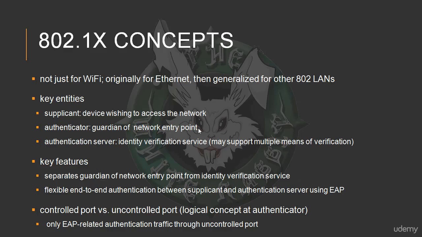But as we saw in earlier videos, this authentication part is a bit weak. If it's just based on having knowledge of a shared key, it's very weak. So there's much better authentication that can be done, and 802.1x helps us to do that.